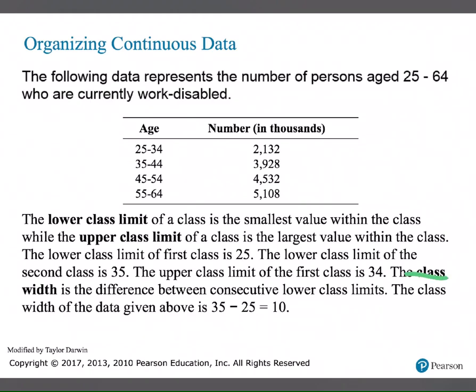Lastly, the class width can be found by finding the difference, aka subtracting the lower class limits. We could have subtracted 35 minus 25 to get 10, or 55 minus 45, it doesn't matter, but that width is 10.